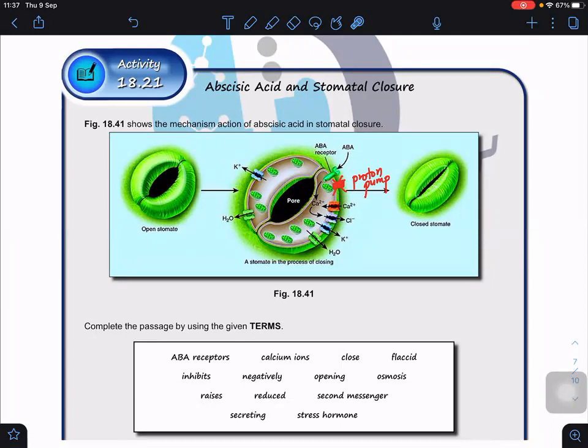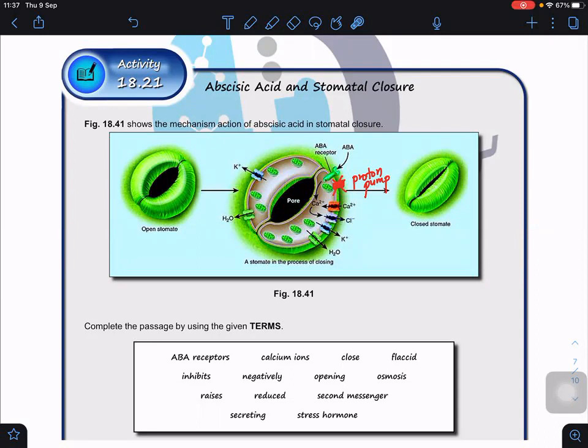So the second pathway here: when ABA binds to the receptor, it causes the opening of the calcium ion channel. So calcium ions enter. The calcium ion acts as a secondary messenger and will trigger a series of reactions, allowing the chloride ion to move out.